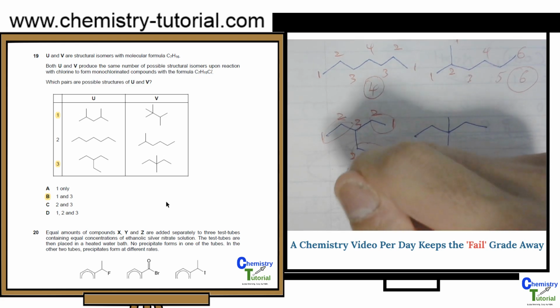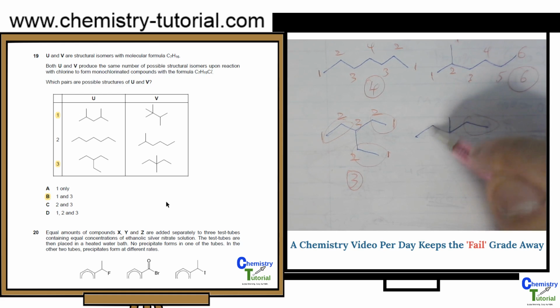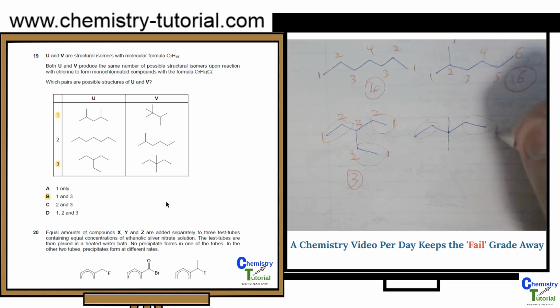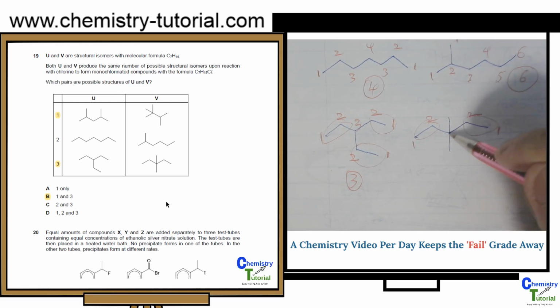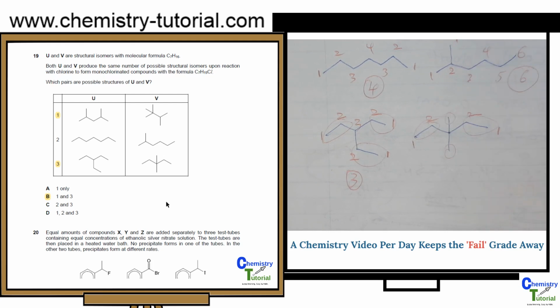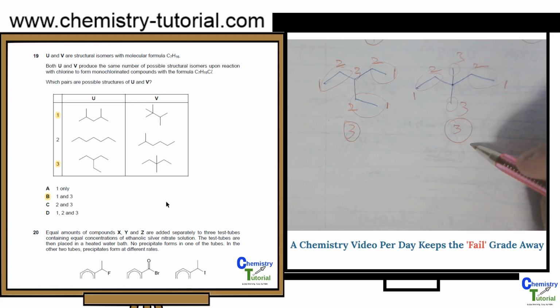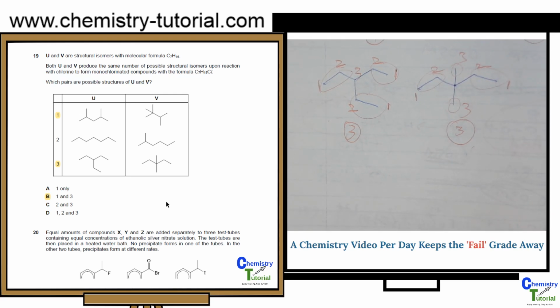So therefore, it can form 3 possible monochlorinated compounds. How about here? These 2 sides are equivalent. So 1, 1, 2, 2. There's no H here because this carbon has 4 bonds already. But these 2 sides are equivalent. So 3 and 3. So this can form 3 possible monochlorinated compounds as well. Hence, your answer is 1 and 3, option B.